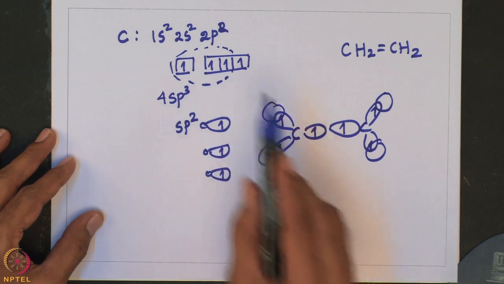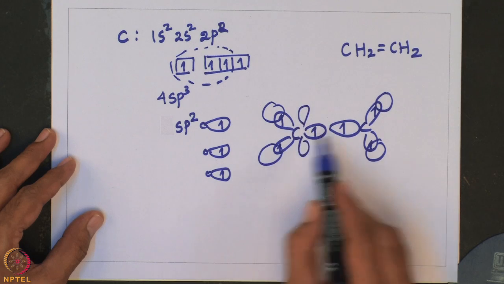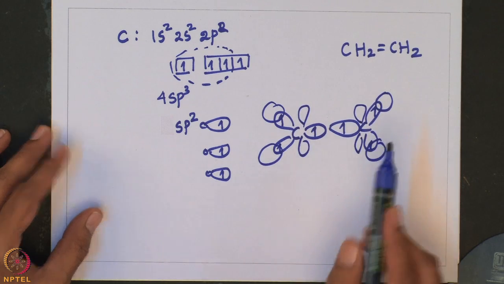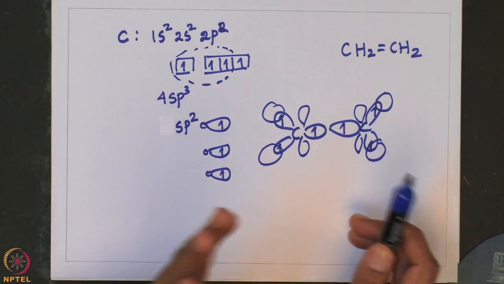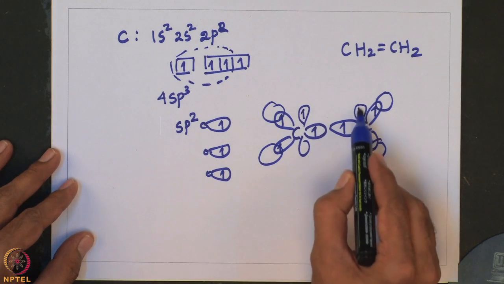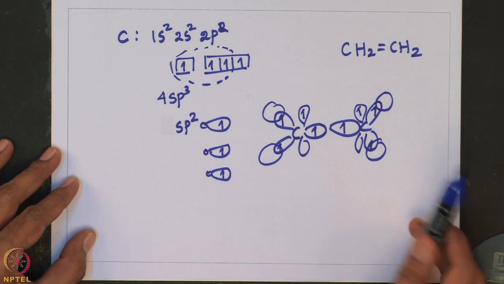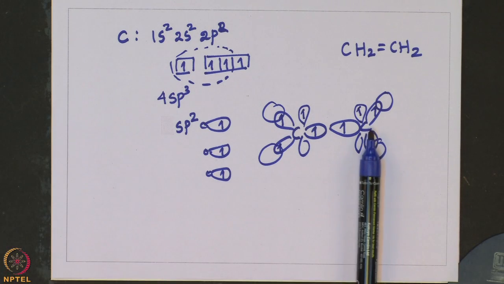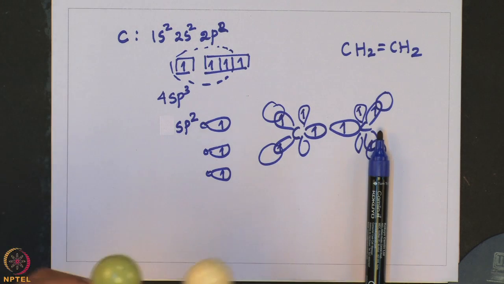Now, we have this empty orbital, orthogonal to the sp2 plane, with 1 electron each.